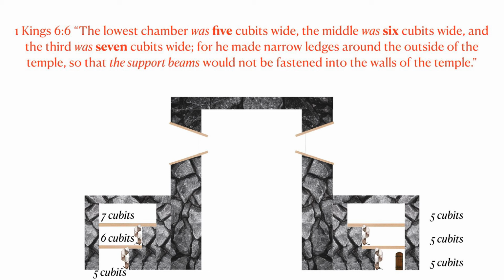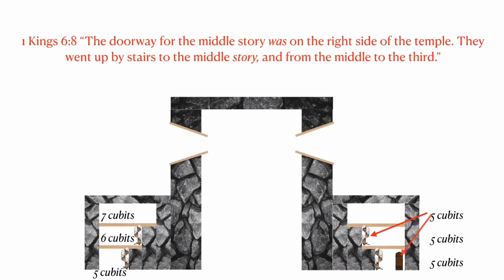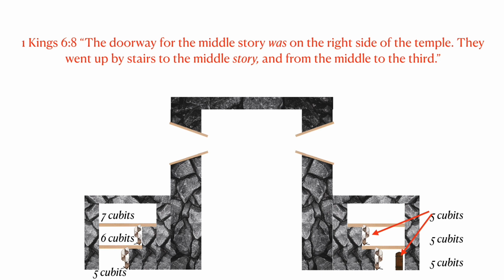For he made narrow ledges around the outside of the temple, so that the support beams would not be fastened into the walls of the temple. The doorway for the middle story was on the right side of the temple. They went up by stairs to the middle story, and from the middle to the third.